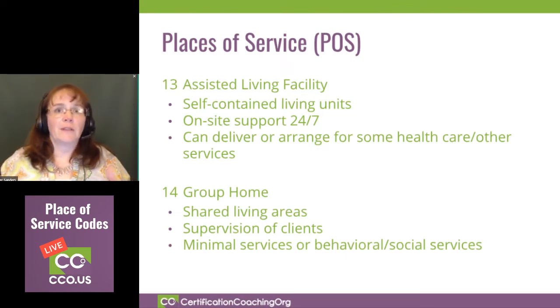They invite friends over. They might perhaps have activities put together at these types of facilities, but each person is kind of independently living in their own apartment, but they have support available 24/7. So they can deliver these types of services, or they can arrange for other healthcare services that might need to be provided.